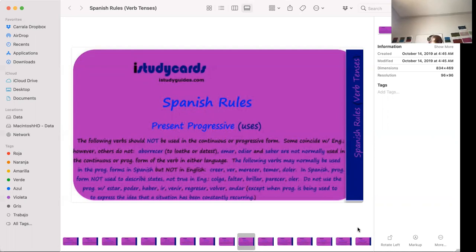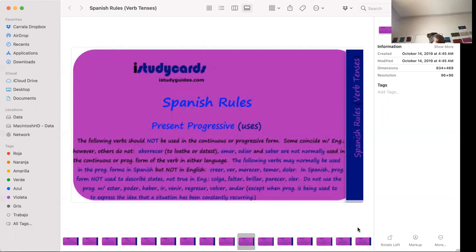the following verbs may normally be used in the progressive form, continuous form, or present participle form, -yendo, -ando, in Spanish, but you do not use that form, normally speaking, in English.